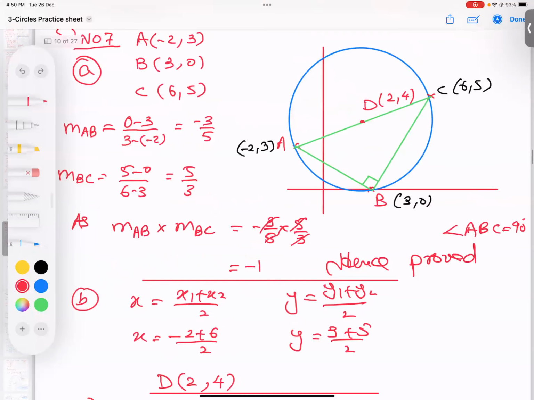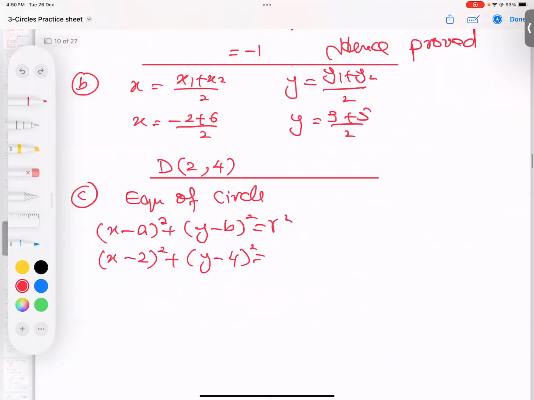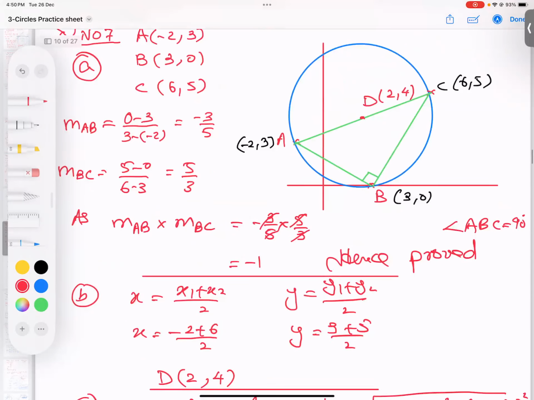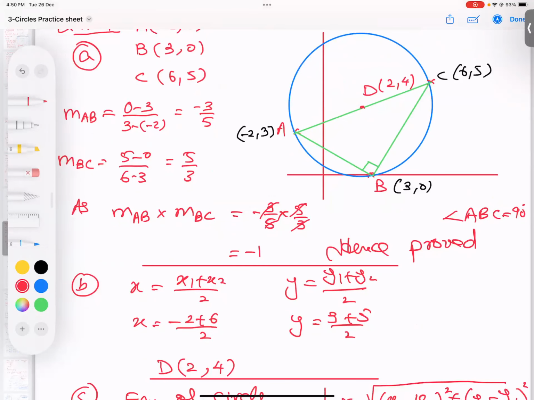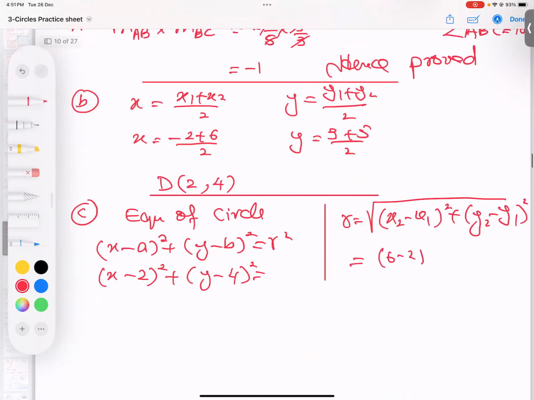And the radius is actually the distance between C to D or D to A. So I have both the D and C coordinates. I'm going to apply the distance formula. And all of you know the distance formula is what? x2 minus x1 whole square and y2 minus y1 whole square. So I'm applying 6 minus 2 whole square.